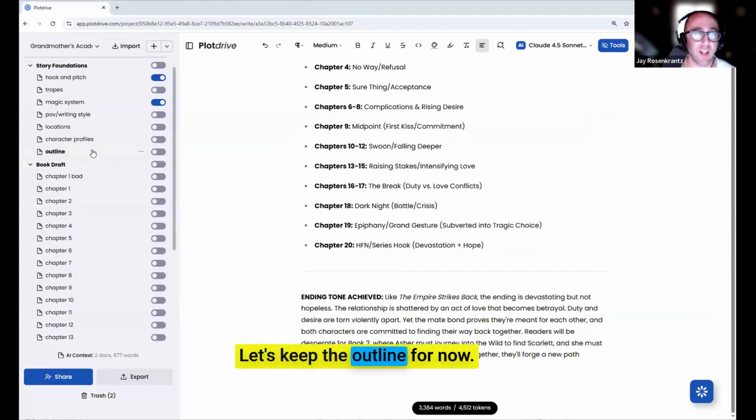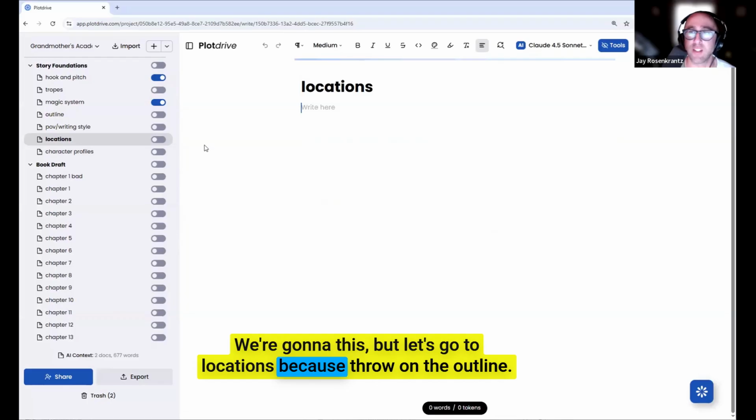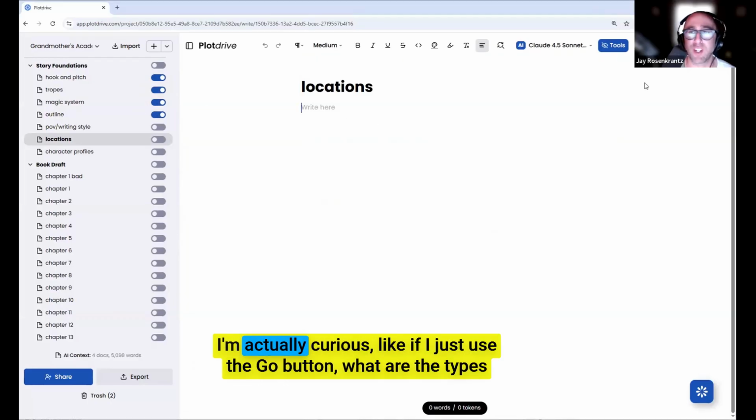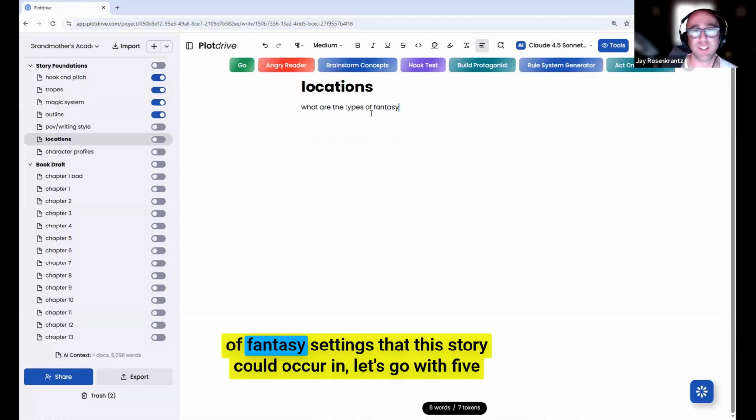Okay, let's keep the outline for now. We're going to throw on the outline, throw on the tropes, but let's go into locations. I'm actually curious, if I just use the go button, what are the types of fantasy settings this story could occur in?